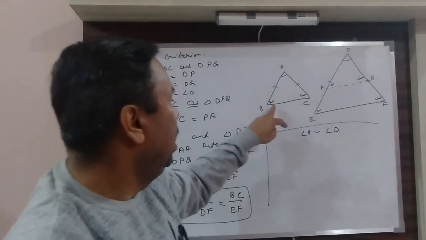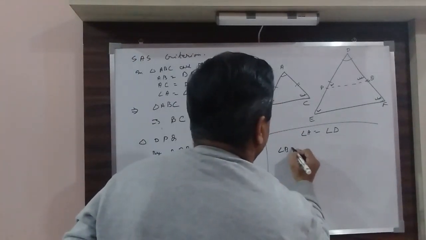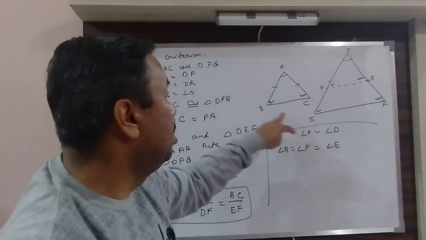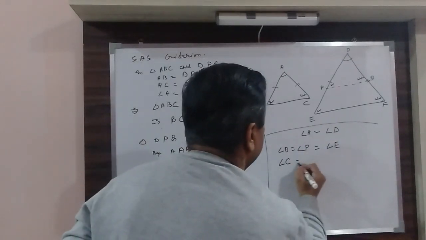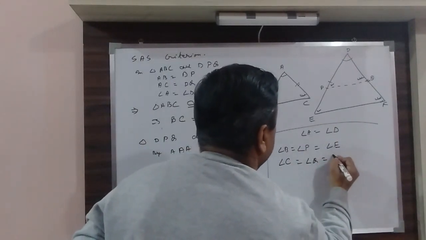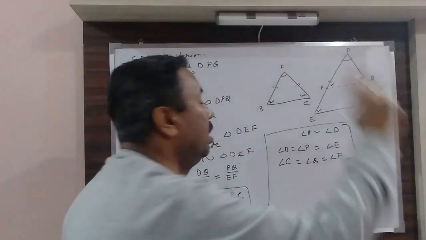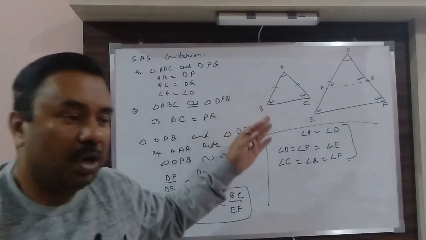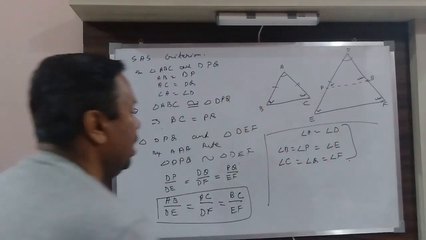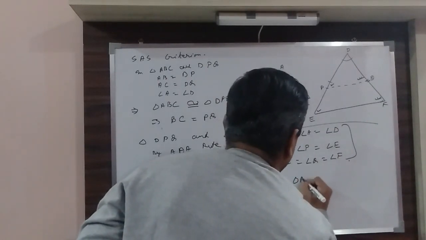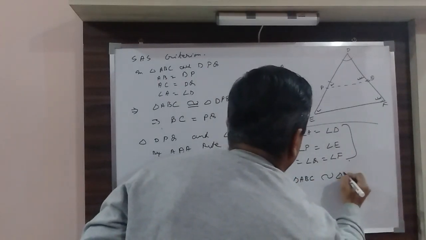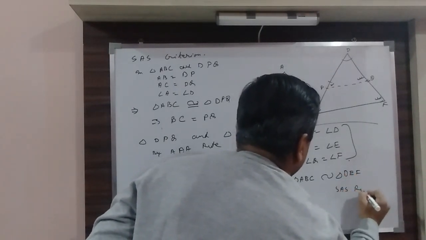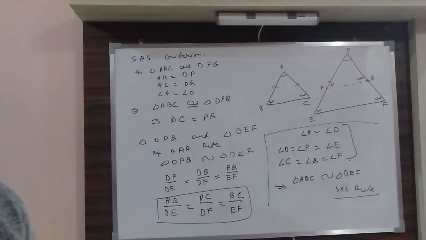The other things, if I say angle B is equal to angle P and angle P is equal to angle E, so angle B is equal to angle E. Similarly, angle C is equal to angle Q and that is equal to angle F. So all the corresponding angles are equal. So both conditions for the similarity have been proved, and for this I can say triangle ABC is similar to triangle DEF by SAS rule or side angle side rule.